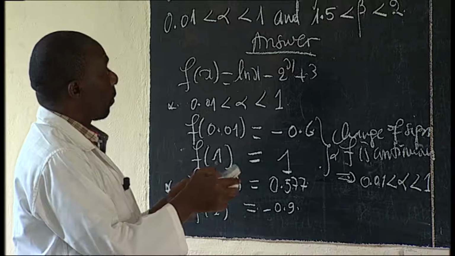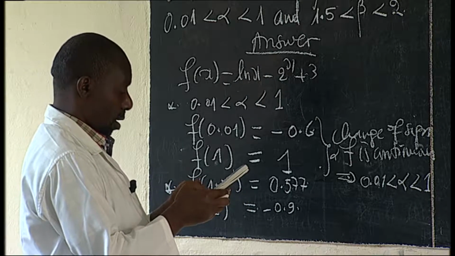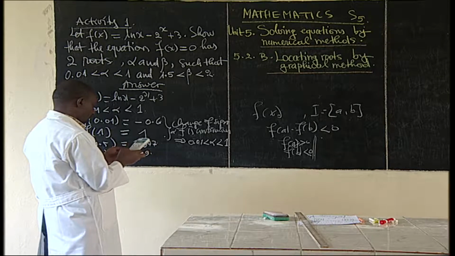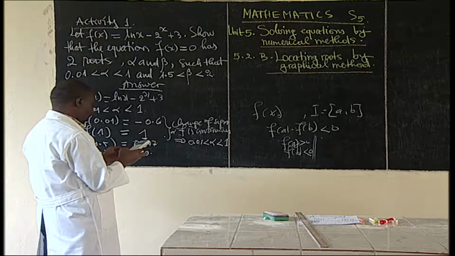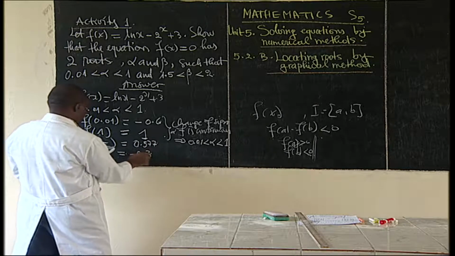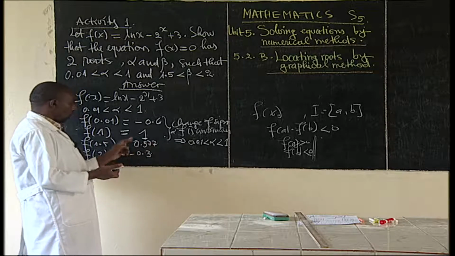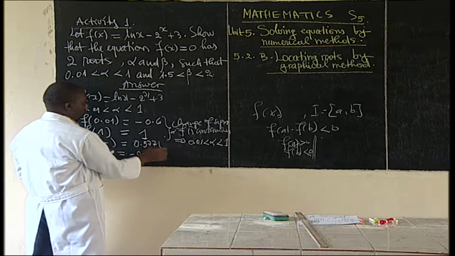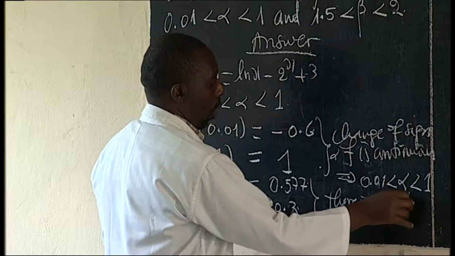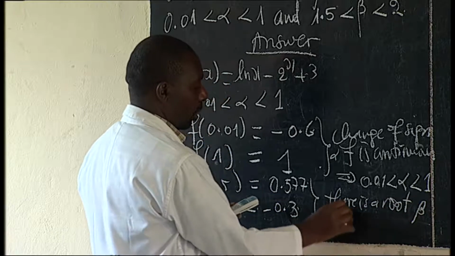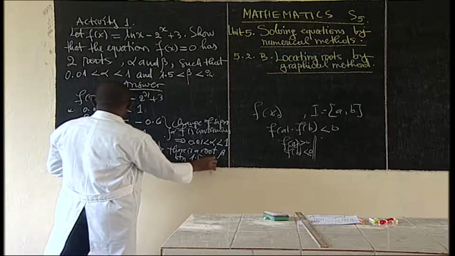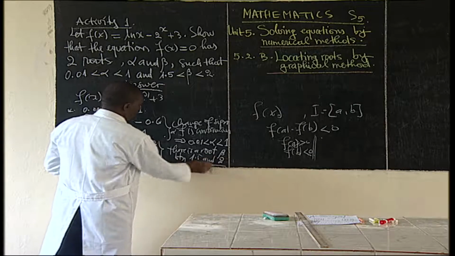Let me verify. 3 minus 2 squared plus ln of 2, minus 0.3. Also, there is a change of sign, means that there is a root, our root is beta, between 1.5 and 2, and you are done.